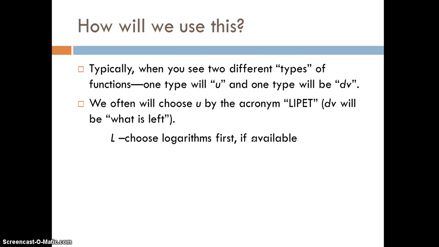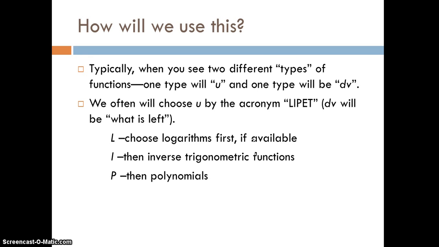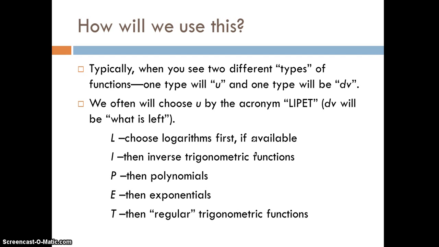L stands for logarithms: choose logarithms first if available. If you see a natural log or a log function, then use that as your u. I, then you're going to choose inverse trig functions such as arcsine, arccosine, etc. P will be polynomials, E exponentials, and T are your regular trig functions like sine and cosine.